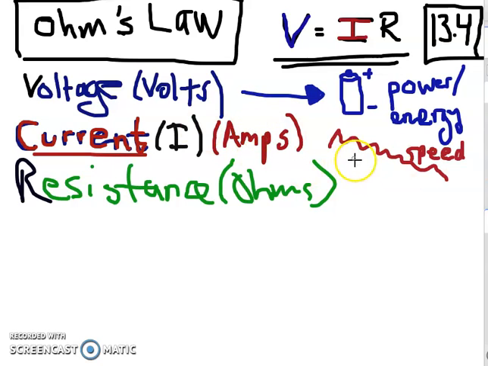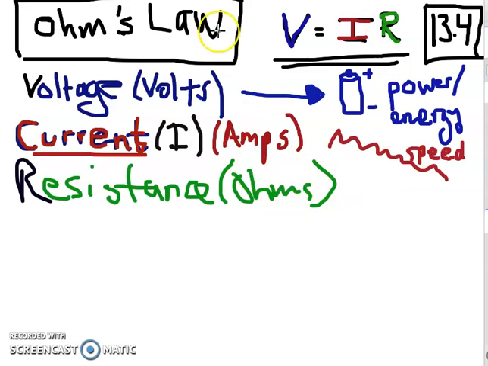That's an idea of the current. So you can determine both. You can determine how fast the current is flowing, essentially, and also how many electrons are flowing through a given part of the circuit at a given time. That is the current labeled with the letter I, and the units are amps.